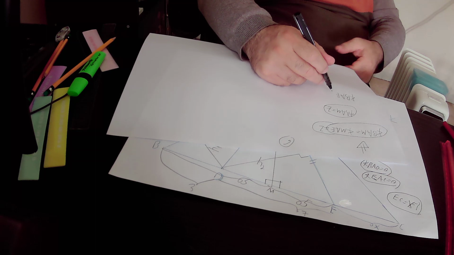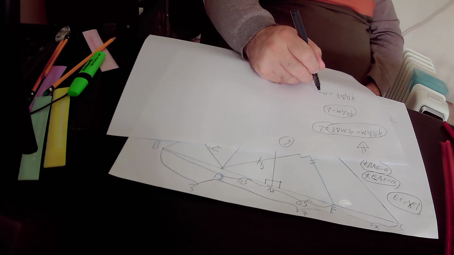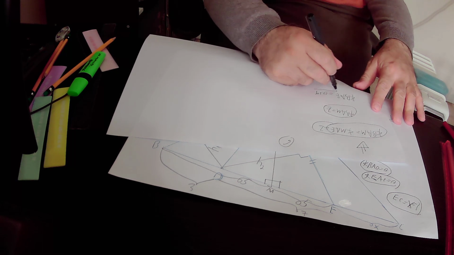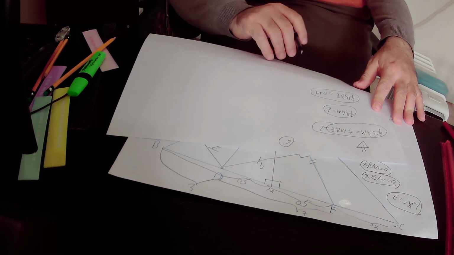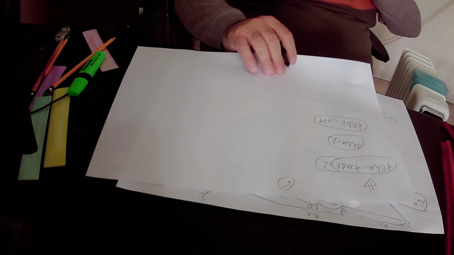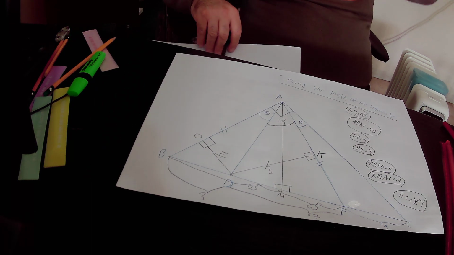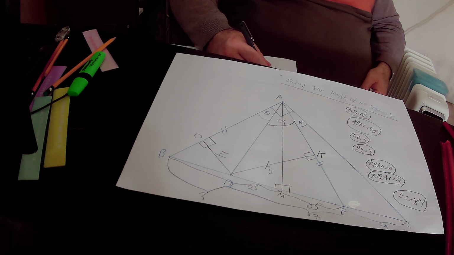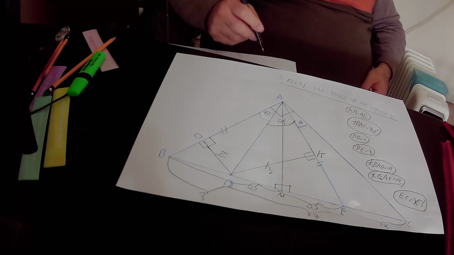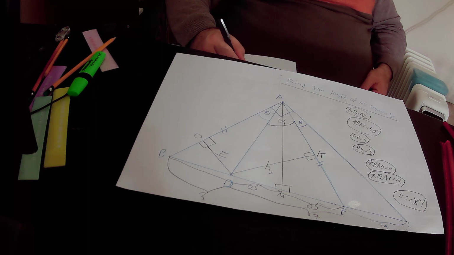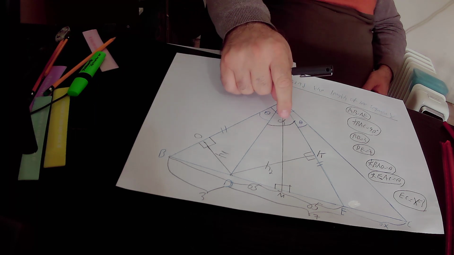This is from one side, but from the other side, the value of angle BAE is also equal to angle BAM plus angle MAE.